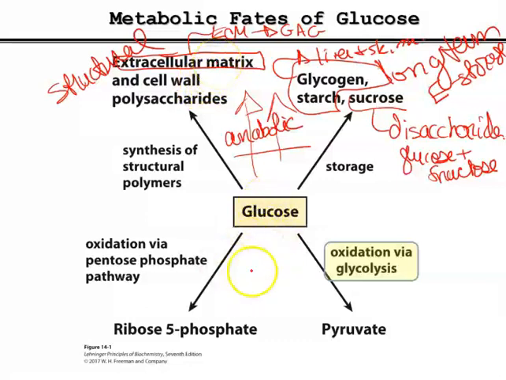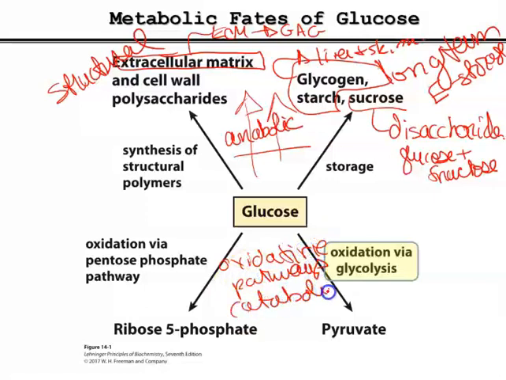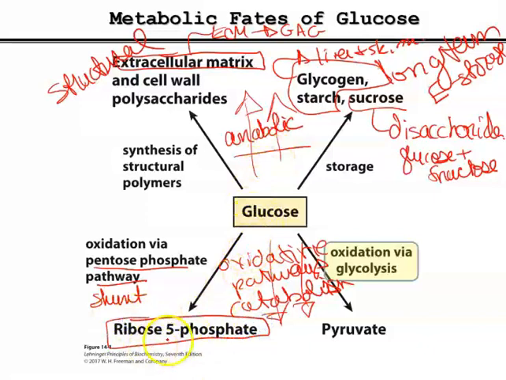If you look at the bottom here, essentially these are oxidative pathways which have to do with catabolism in general. So the pentose phosphate pathway, also known as the pentose phosphate shunt, is able to oxidize glucose to make ribose 5-phosphate, which is, of course, necessary for nucleotide biosynthesis.